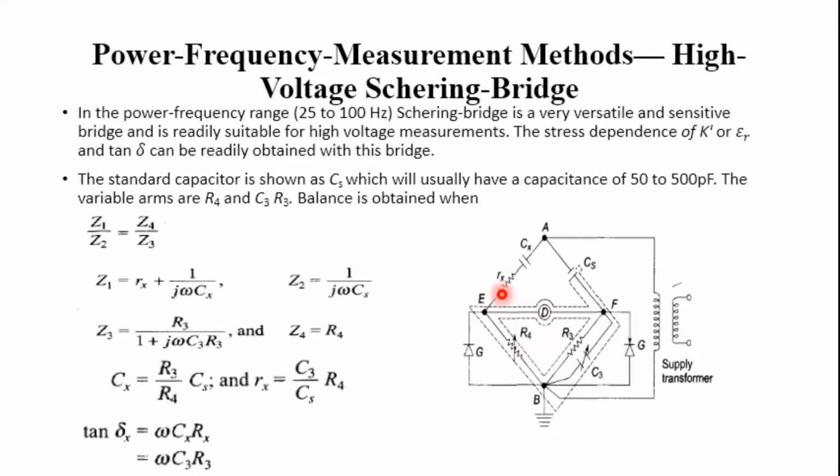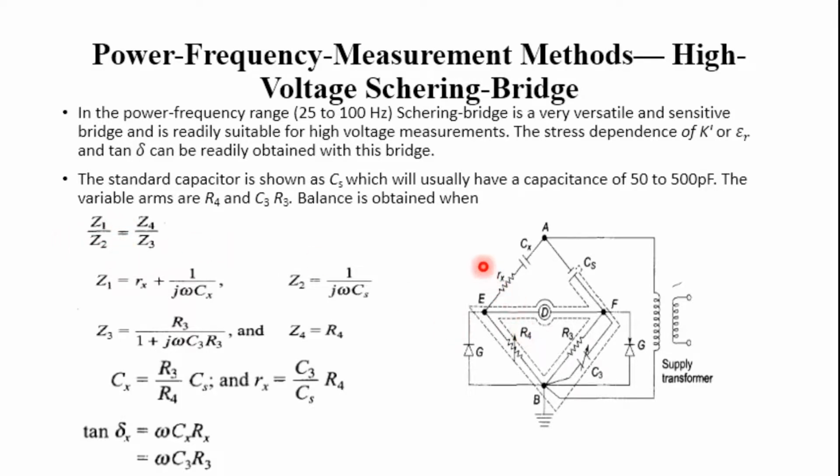The standard capacitance Cs has a capacitance value of around 50 to 500 picofarad, and there is a variable R4, and R3 and C3 which are connected in parallel. Under this balance condition, you will get Z1 by Z2 is equal to Z4 by Z3.